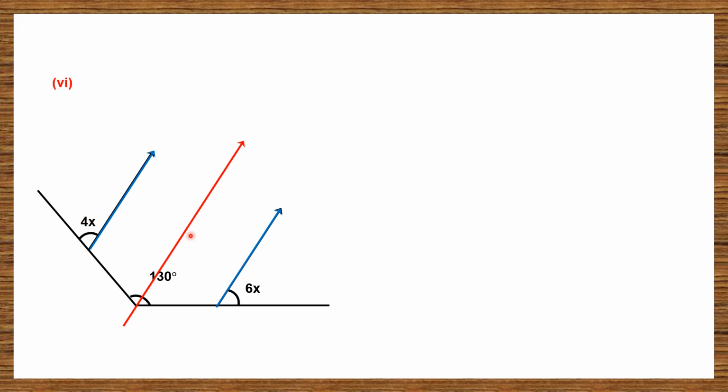Now taking these two parallel lines, we have to have something in common here. 4x and this angle, the two angles in red, are corresponding angles. So we can call this angle 1. That means 4x and angle 1 are corresponding angles, and corresponding angles are equal.